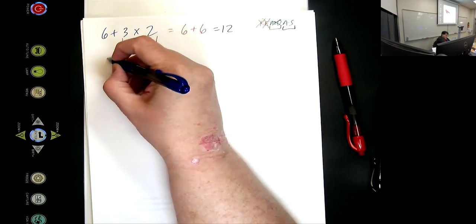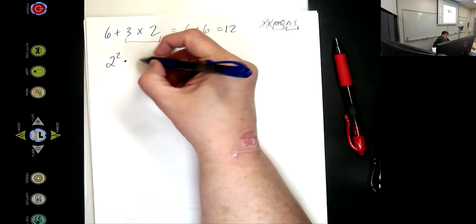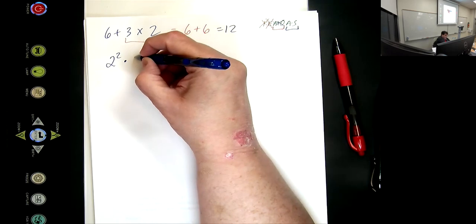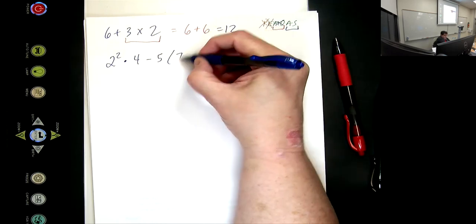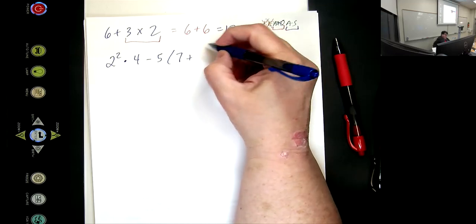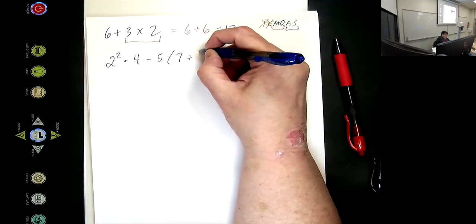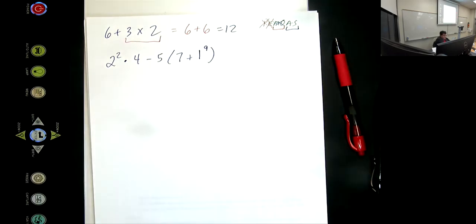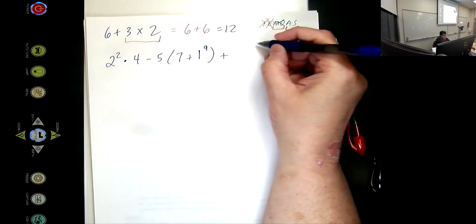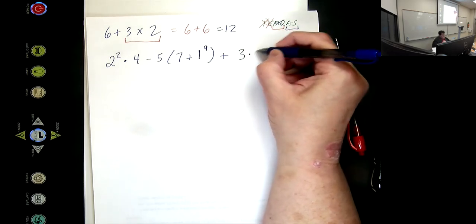Let's have 2 squared times 4 minus 5 parentheses 7 plus 1 to the 9th power plus 3 times 0.